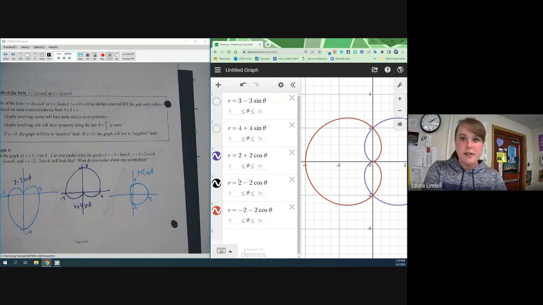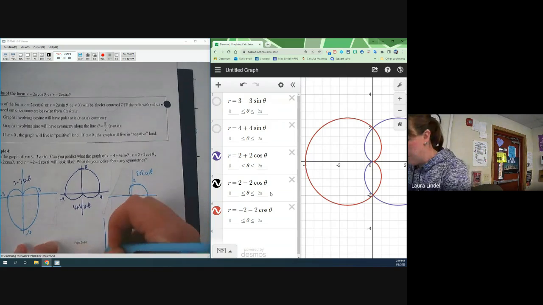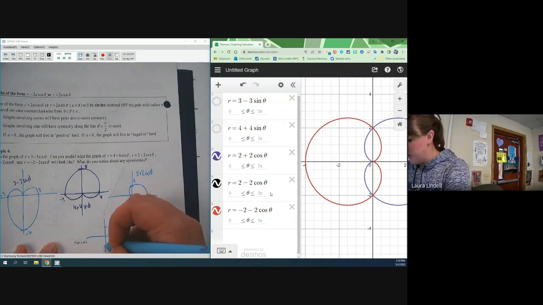So as you can see on the graph now, these two are the same graph, or they're traced out in the same location at least. So for this one, we get it going the opposite direction. So we got 2 and negative 2 still, but this time going like that, and then this will be at negative 4.